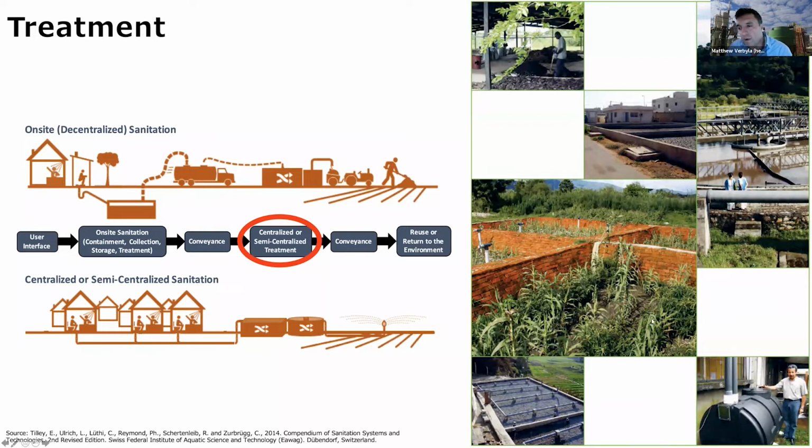You've got constructed wetland systems, drying beds, a wide variety of different approaches that can be used to treat waste that's removed from the on-site tank, or wastewater that's conveyed through a series of pipes. And we're not going to get into any more detail on the different treatment technologies because that's beyond the scope of what we cover in this particular course.